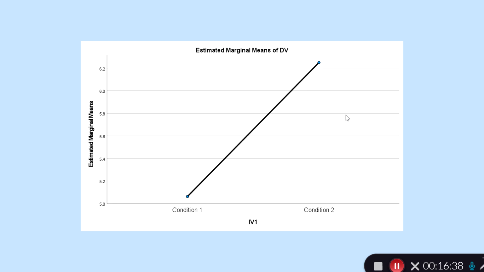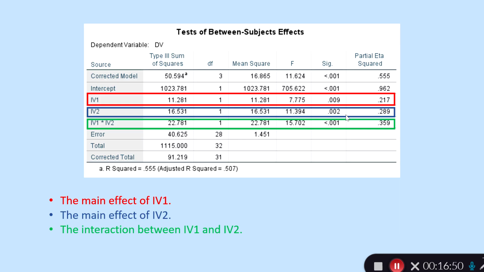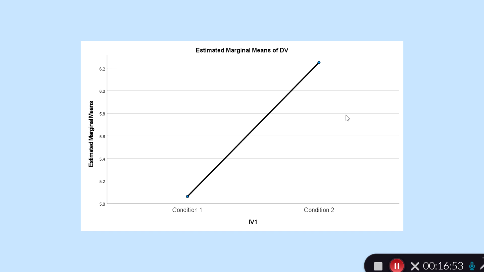And we know from the SPSS output that the F ratio for the difference between groups was significant. This is the data that was on the slide here. We know the main effect of IV1 was significant, so there is a significant difference between condition 1 and condition 2.